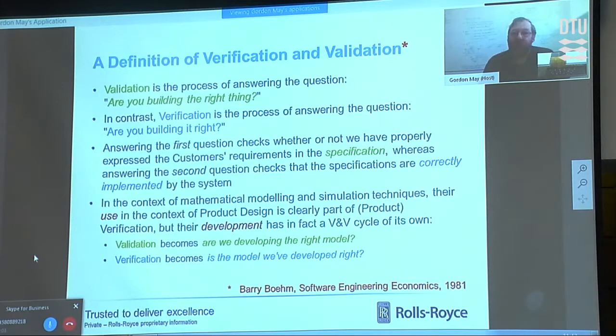Are we developing the right model? Have we developed it right, to use the same phrasing? It's as much the latter part that I'm going to be looking at in this presentation. When we develop these models, how do we gain that trust in them, so that when we use them, we can believe what they're telling us?